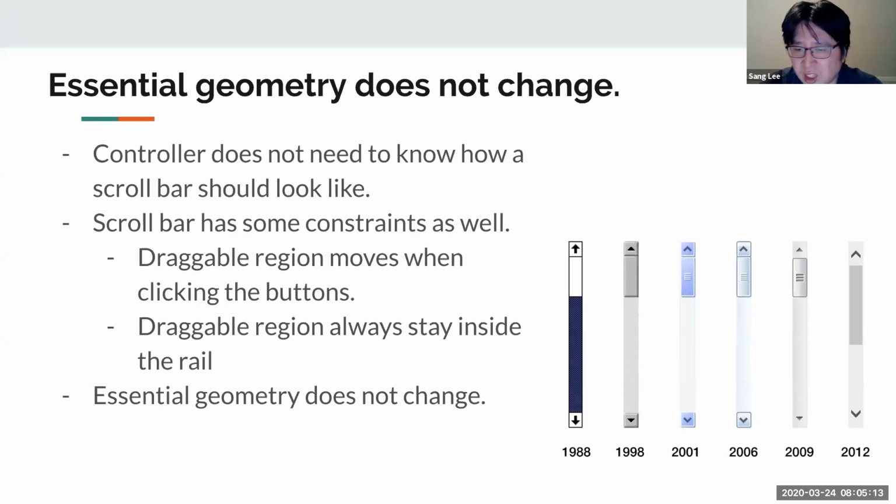What are the things that you have to test if you have a scroll bar? You have to test 5 different things, right, to make sure that it works properly. So essential geometry is the key components and their varying behavior depending on your input events.